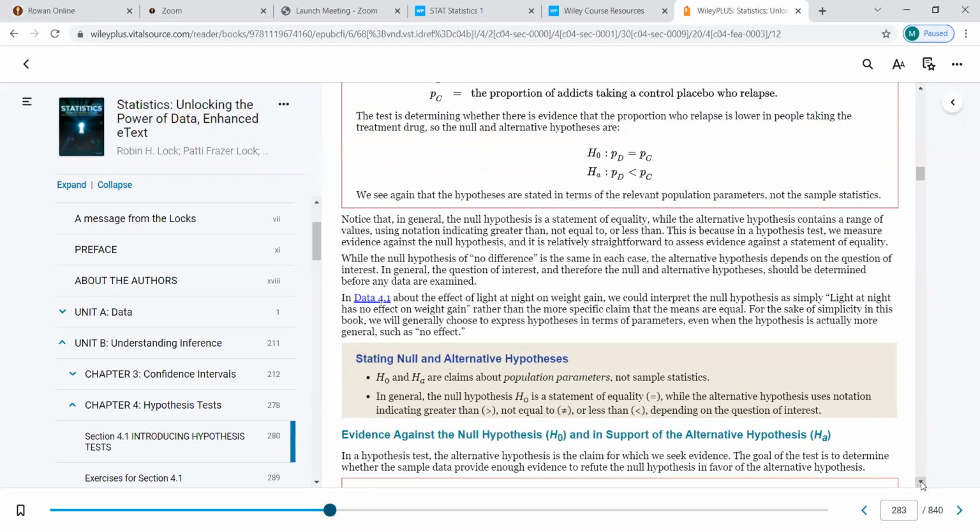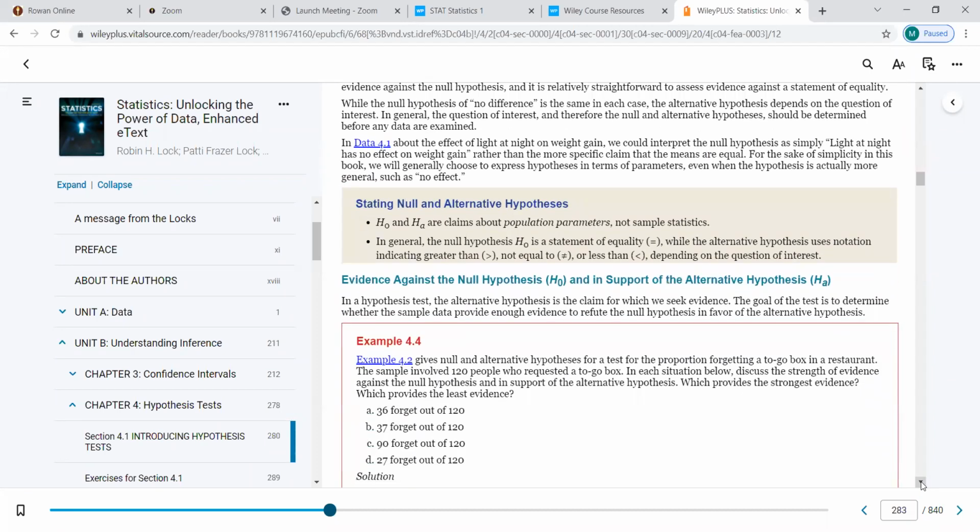All right. So here's a little summary of what we learned in this initial section. Step number 1 in a hypothesis test: we need to state the null and alternative hypotheses. The null hypothesis symbol is H sub 0. The alternative hypothesis is H sub A. And these are claims about population parameters, not sample statistics.